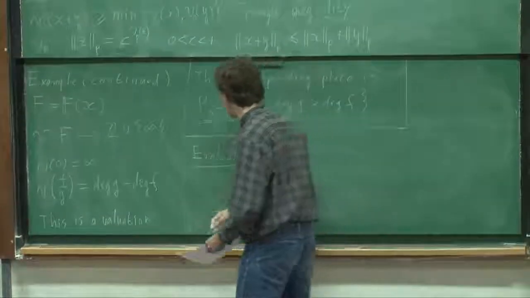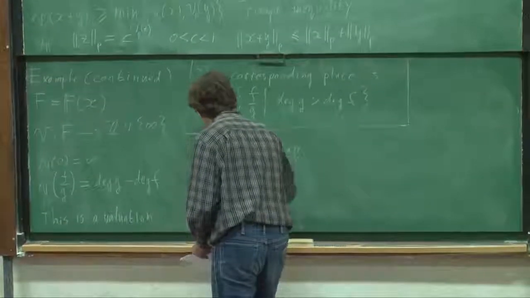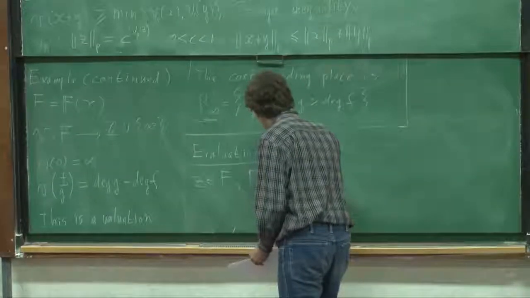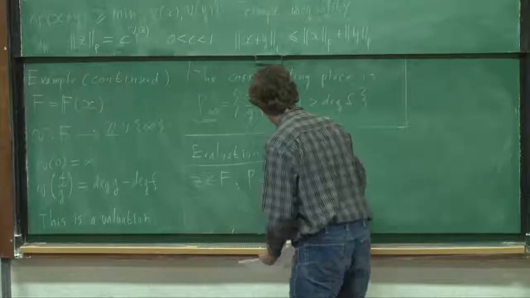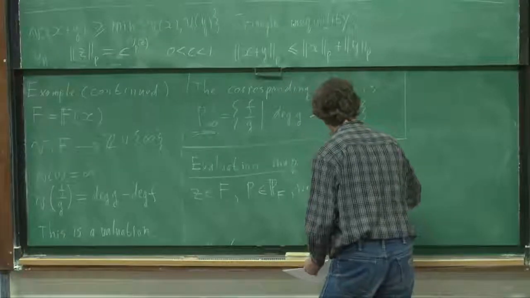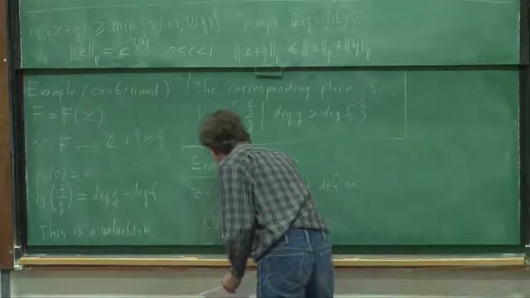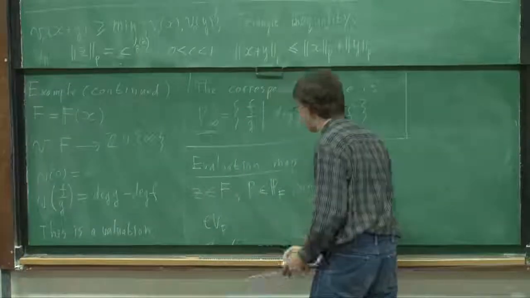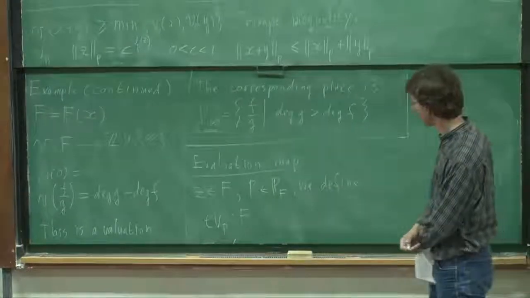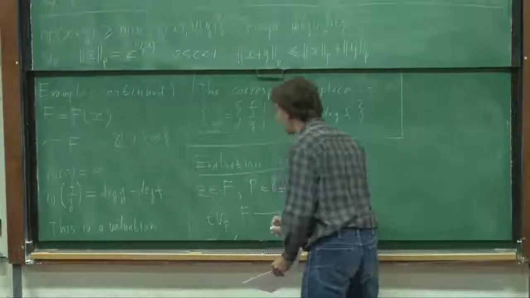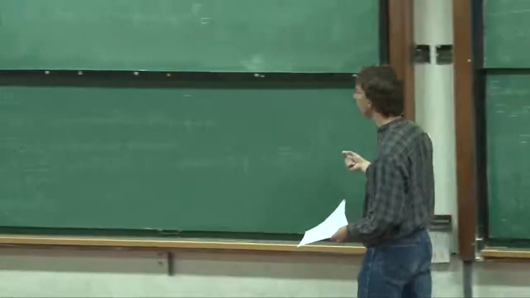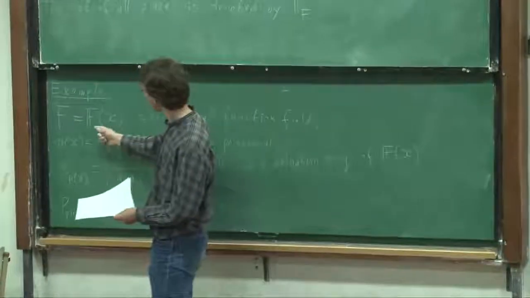So if we have an element from the function field and we pick a place P, we want to define an evaluation map at P. As input, it would get a function field element. What would be its output? Well, if you take a function on a curve and evaluate it at a point, you get an element from the field of definition.